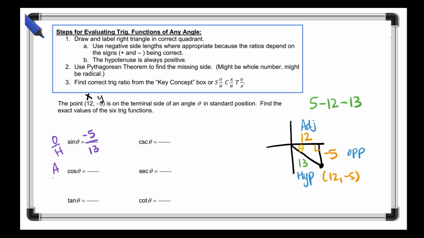My cosine is adjacent over hypotenuse, which is 12 over 13. And my tangent is opposite over adjacent, which is negative 5 over 12. Now, the thing to remember is that these are all your reciprocal functions. I take my sine, cosine, and tangent and flip the fraction. Thus this becomes negative 13 over 5, 13 over 12, and negative 12 over 5.